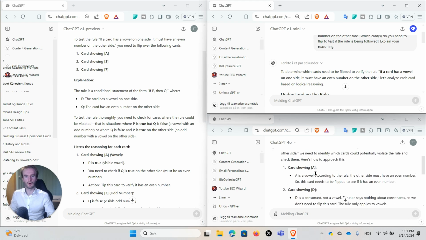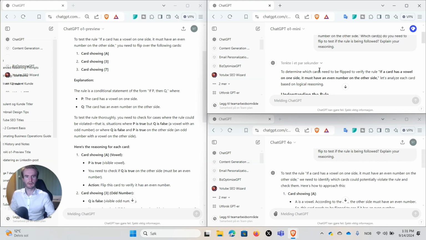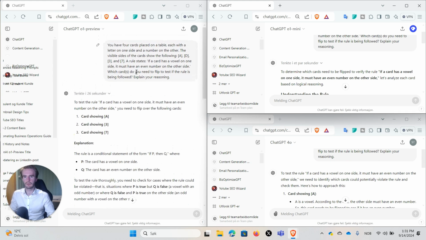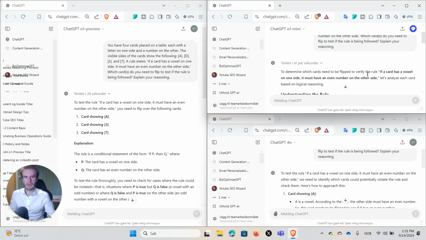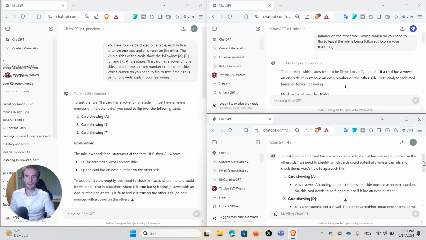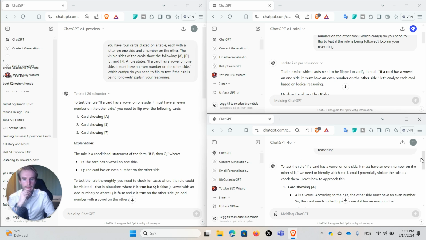In the 4o version you can't see the initial reasoning, but you can in o1-mini and o1-preview, which is pretty interesting. This comes into the topic of explainable AI, which is being more integrated into the OpenAI models. And now we have 4 different results. Let's first see how 4o provided the results.